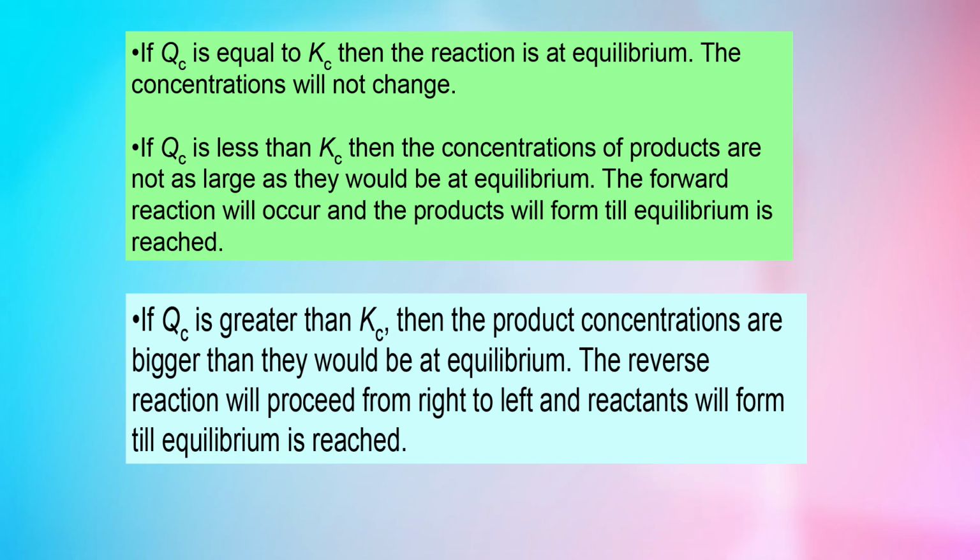If Qc is equal to Kc, the concentrations will not change. If Qc is less than Kc, then the concentrations of products are not as large as they would be at equilibrium, so the forward reaction will occur. If Qc is greater than Kc, then too much product is already formed, and the reverse reaction will proceed until equilibrium is achieved.